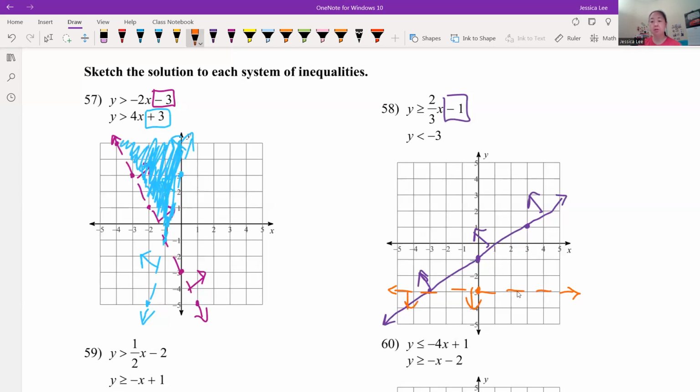It's going to be below this orange line. So if it's below the orange line but above the purple line, all we have left is this little region right here. Technically, it's a lot bigger than that. If we were to zoom out, it'd be that whole section right here, but we don't need to graph that part. It's just going to be this little part that we see. Okay, that's all going to be shaded.